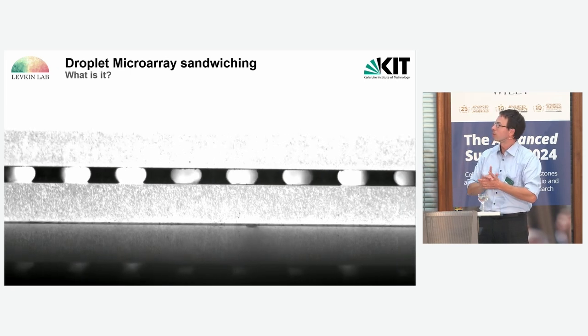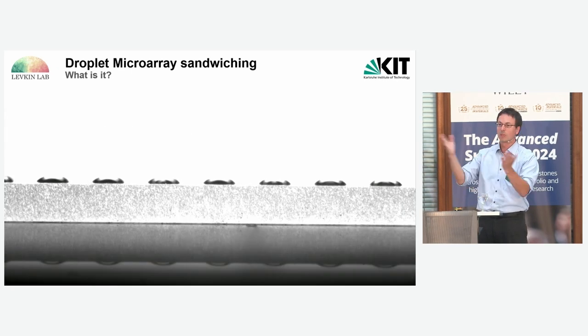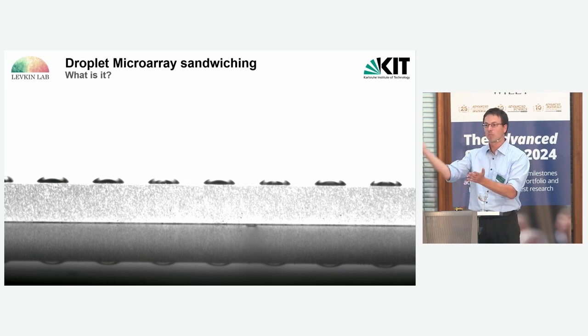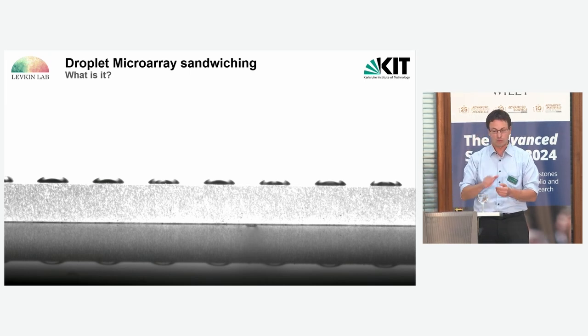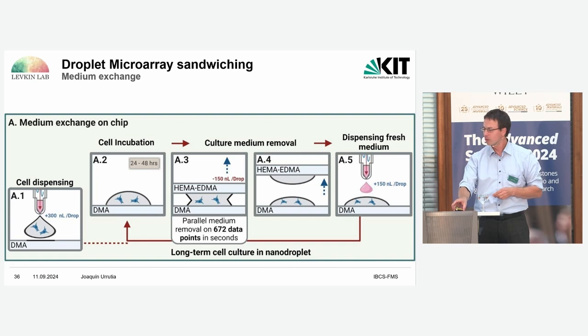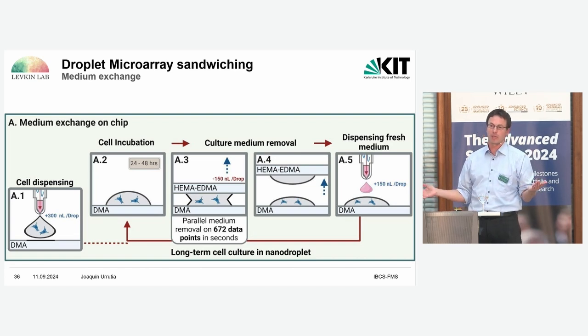And this can be used, for example, for copying a library or taking samples in parallel from all of these thousands of compartments, or for adding reagents in parallel to all of these compartments. And we used it recently to demonstrate a simple but important application for medium exchange, because if you culture cells for more than 3 days, you have to exchange the medium, otherwise cells die.